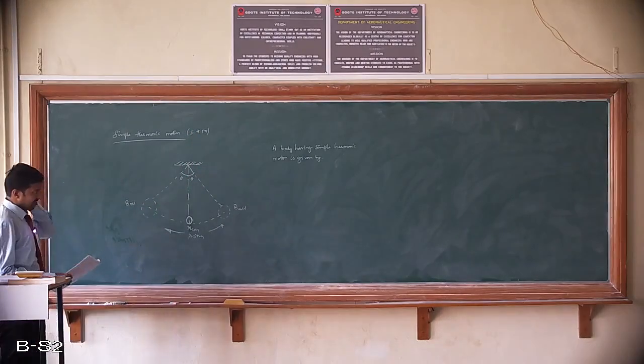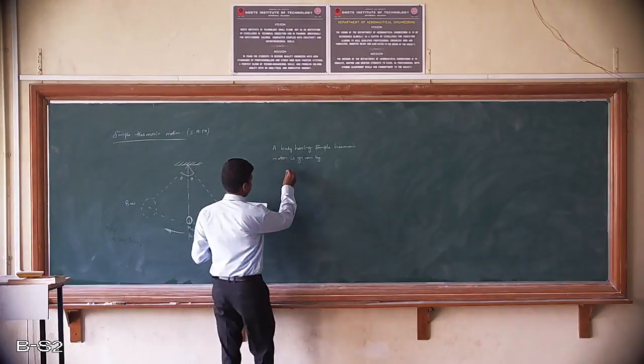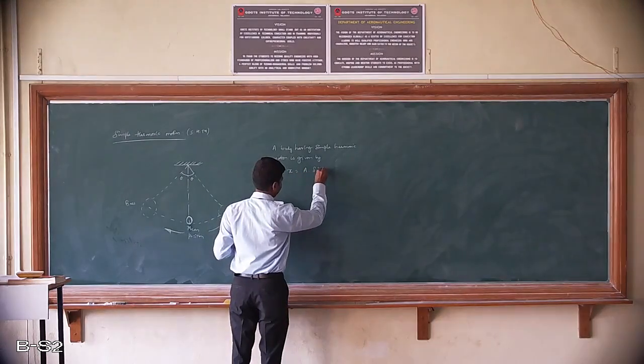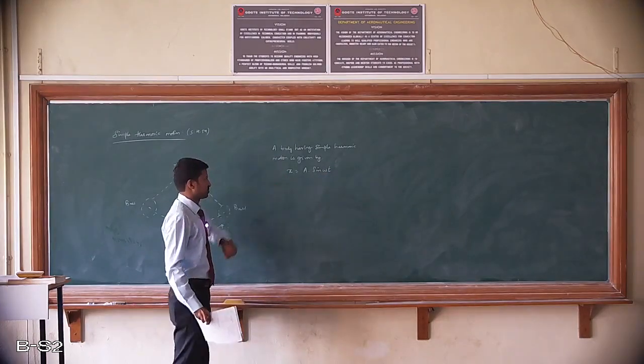A body having simple harmonic motion is given by the equation which we have seen in the previous class: x is equal to A sine omega t, where x is displacement.